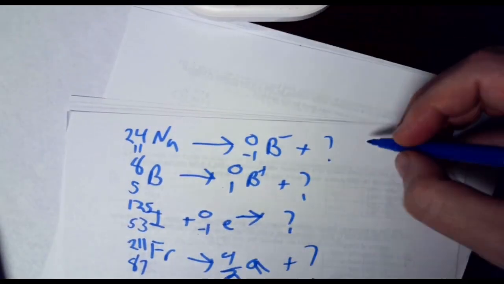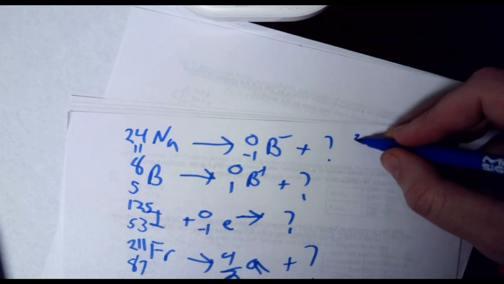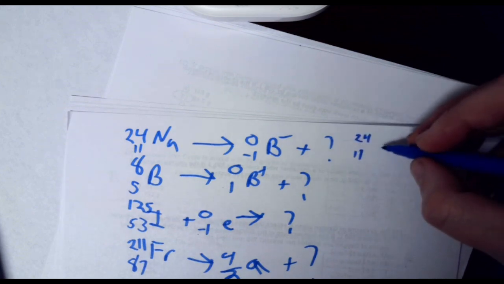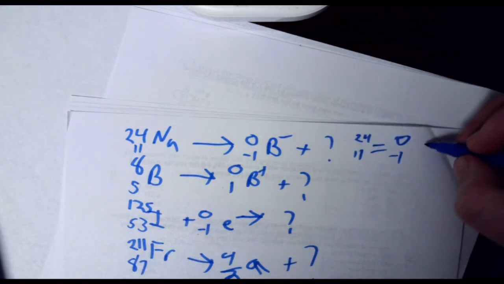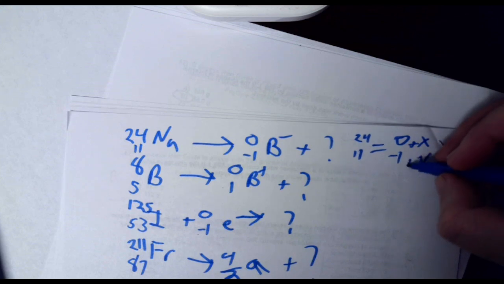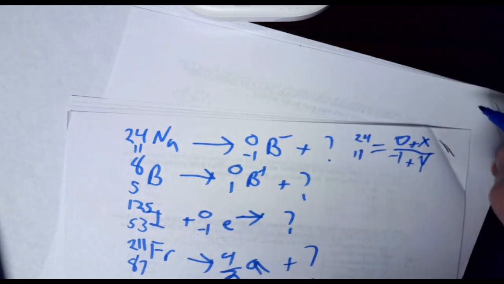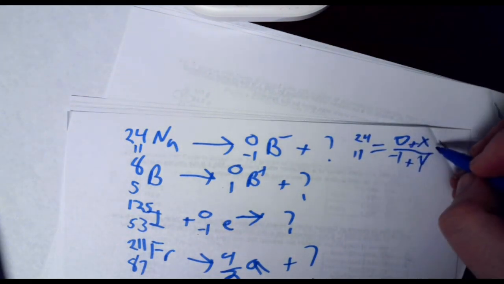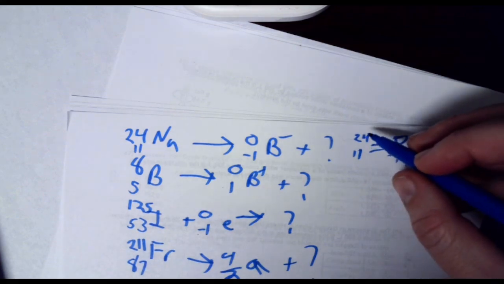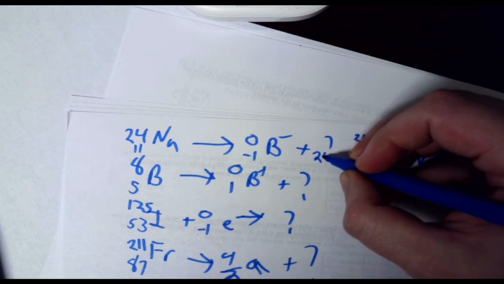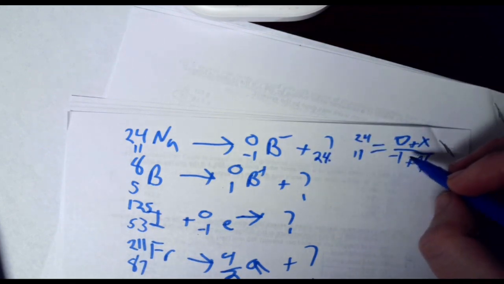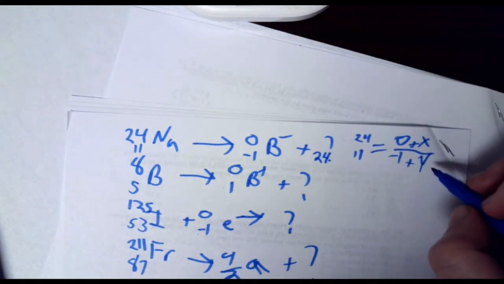So basically, we have an equation that says 24 and 11 is going to equal 0 and negative 1 and x and y. So 0 plus x has to equal 24. So what is the atomic mass that needs to be present in this atom? It needs to be 24. 11 on bottom, so this needs to be negative 1 plus y.